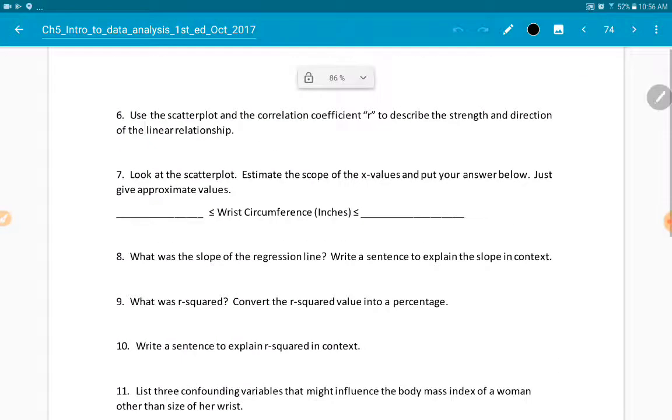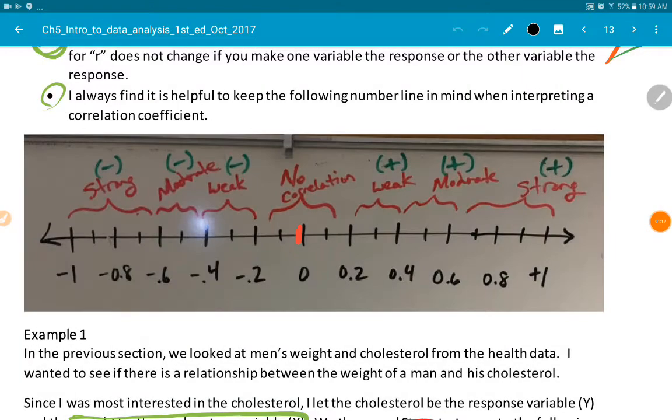Number 6, use the scatter plot and the correlation coefficient R to describe the strength and direction of the linear relationship. To answer that question, we go back to the number line we saw in section 5B. That tells us moderate, strong, weak, and negative, positive correlation.